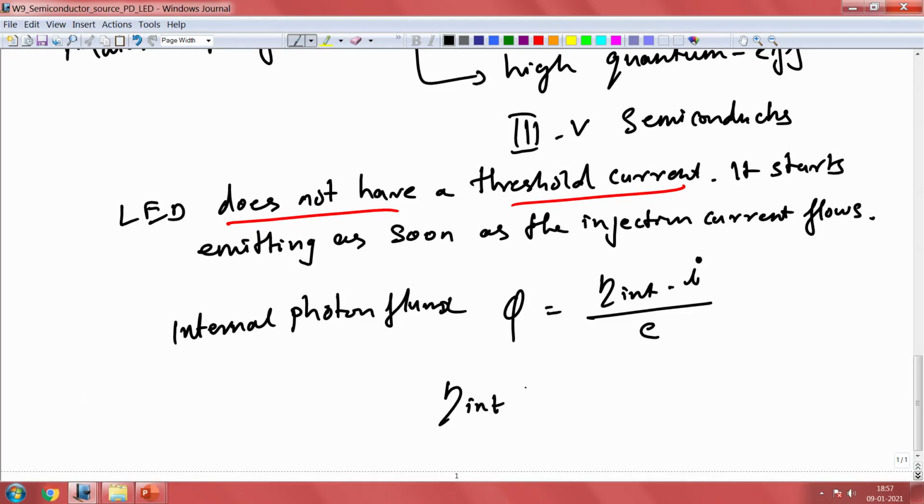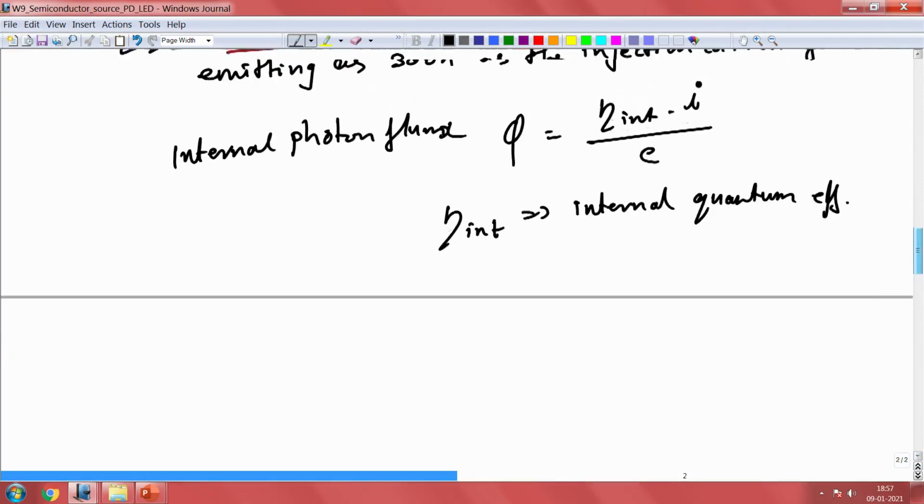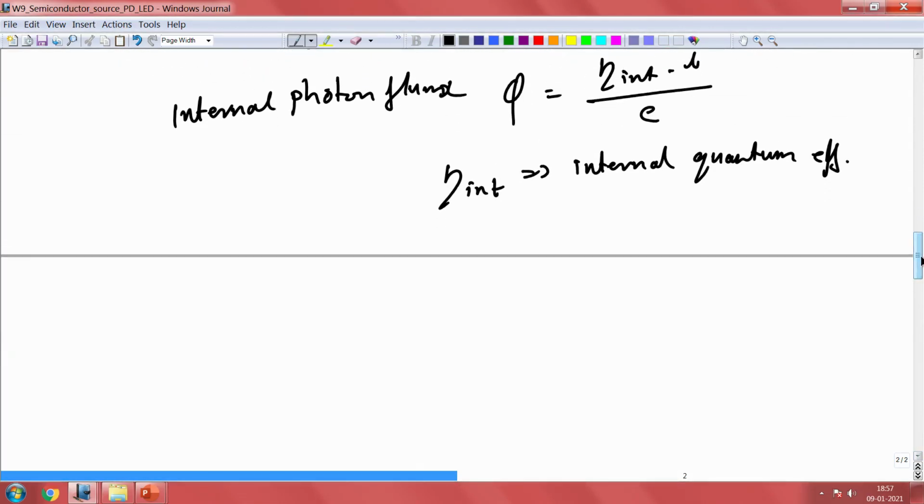So, here eta internal is internal quantum efficiency. Right. So, this internal quantum efficiency that we have, it depends on many factors, and it is basically given by the electron hole recombination.